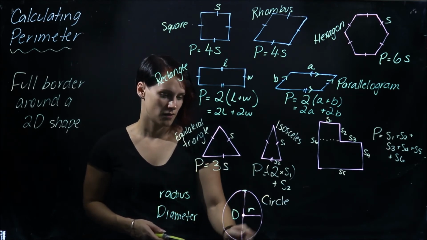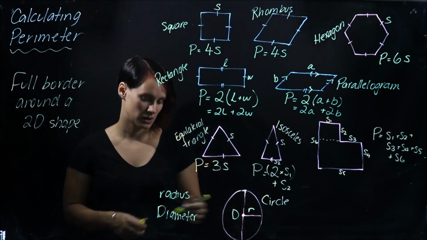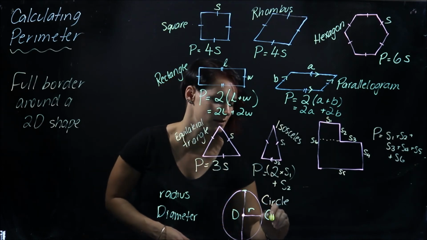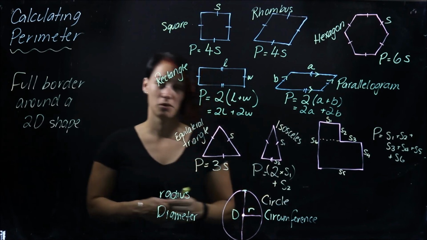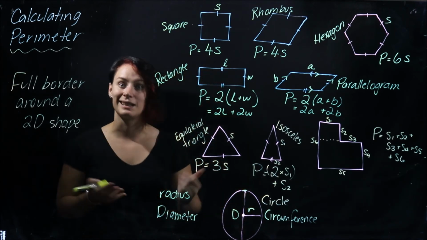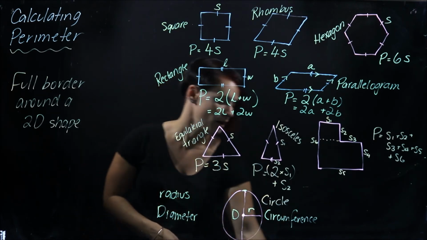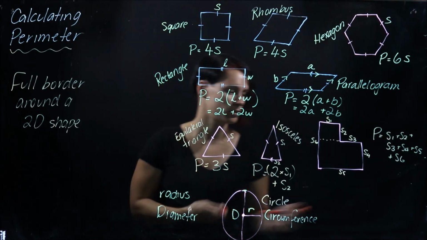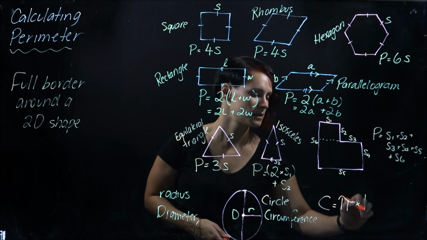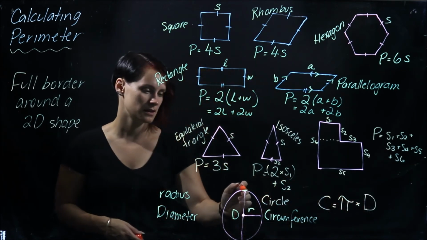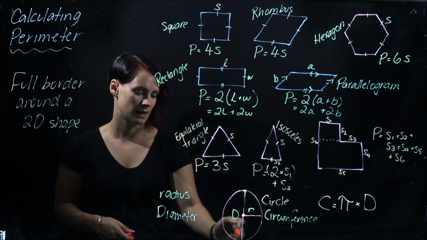If we are trying to find the perimeter of the circle, it has a special name, and it's called the circumference. We're not simply finding perimeter anymore, well, technically we are, but it's called the circumference. So our circumference of a circle is going to equal pi times the diameter. Remembering that the diameter is from the outside, inside and out again.